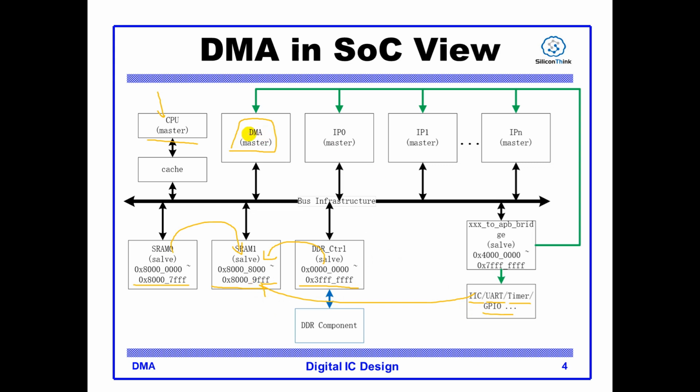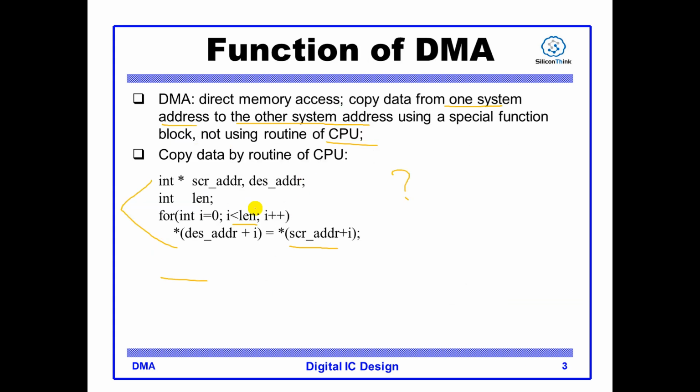So what's the benefit of implementing the same function in DMA controller? The first benefit is if the number of this variable is very big, for example, maybe 1024, or maybe even bigger. So if you use CPU to copy data, then this for loop will be executed for many rounds.